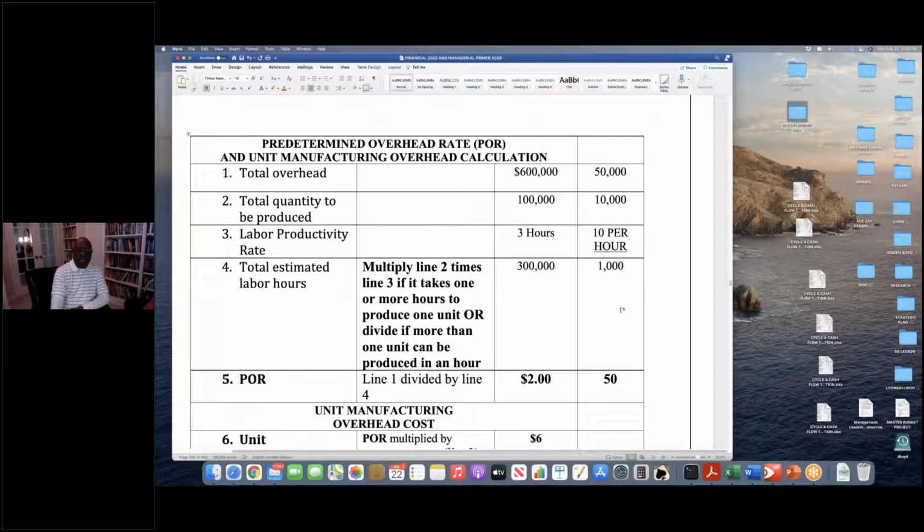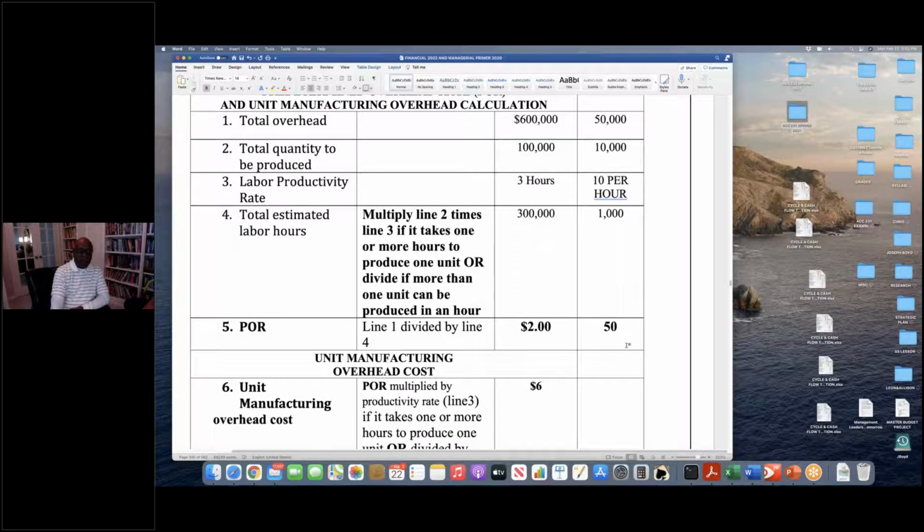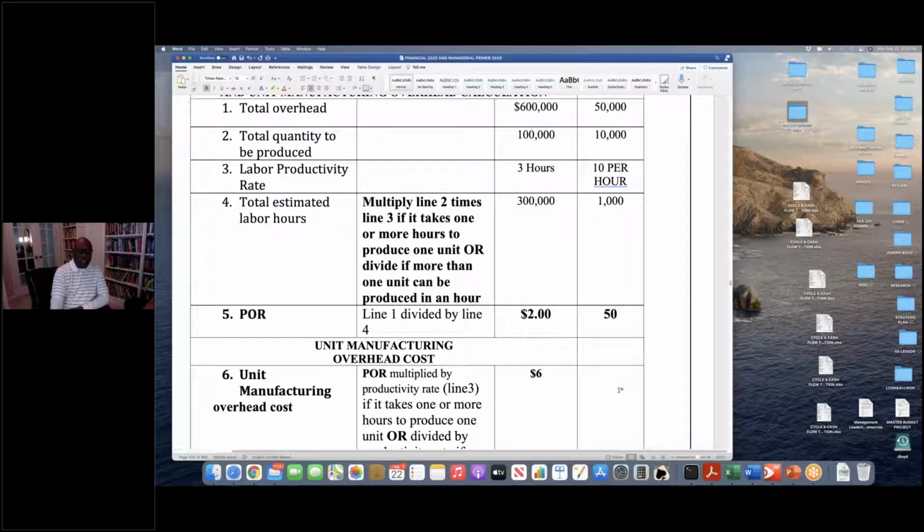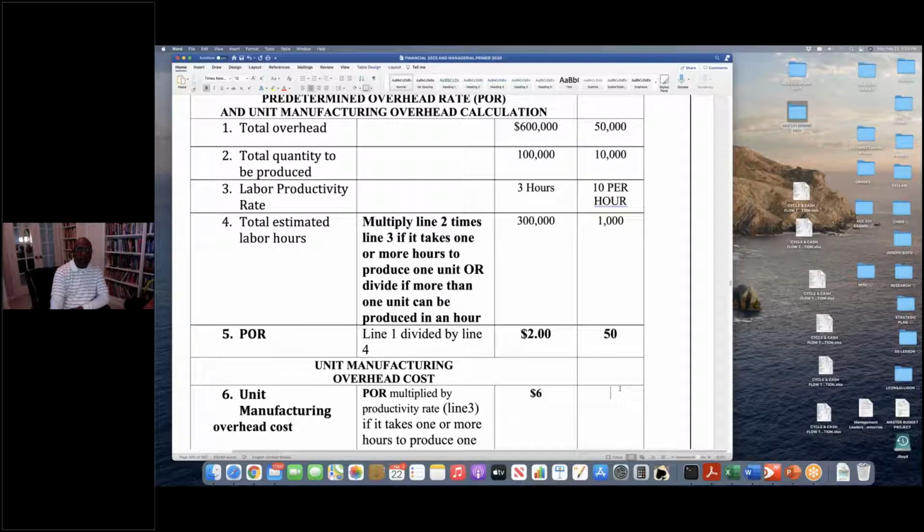POR is 50. And your unit manufacturing overhead cost is going to be what? You divide by the 10 per hour, so you divide 10 into the 50, and you get $5. Yeah, 5.